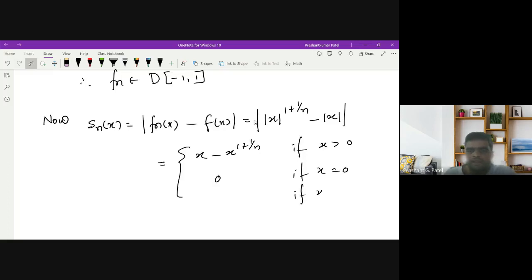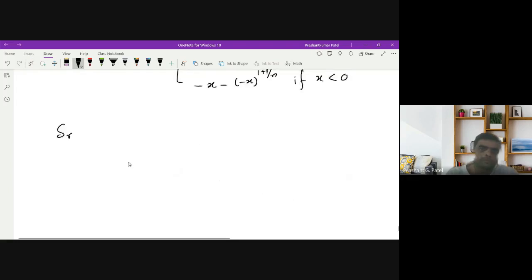And if x is negative, then this is minus x raised to 1 plus 1 by n, plus x, because it is a modulus function. Okay, so that's why we can have this quantity. And if you want to calculate the maximum or supremum of this function Sn of x, then you have to find its derivative and set the derivative equal to 0. That you have to do.